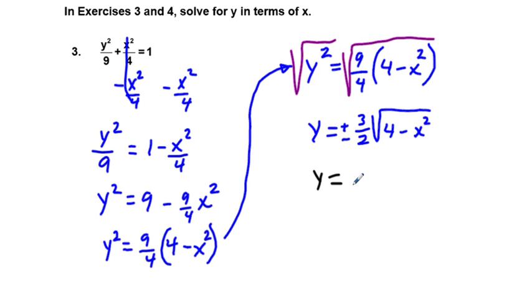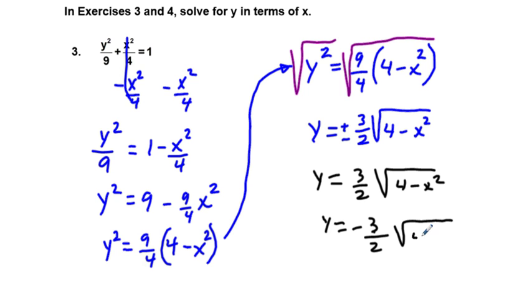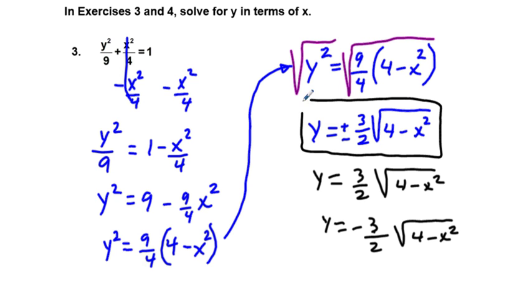It'll be y equals 3 halves square root of 4 minus x squared, and also y equals negative 3 halves square root of 4 minus x squared. And considered together, this will compose an ellipse. The plus is going to be that top half of the ellipse. The bottom one, the negative, is going to be the bottom half of that ellipse.